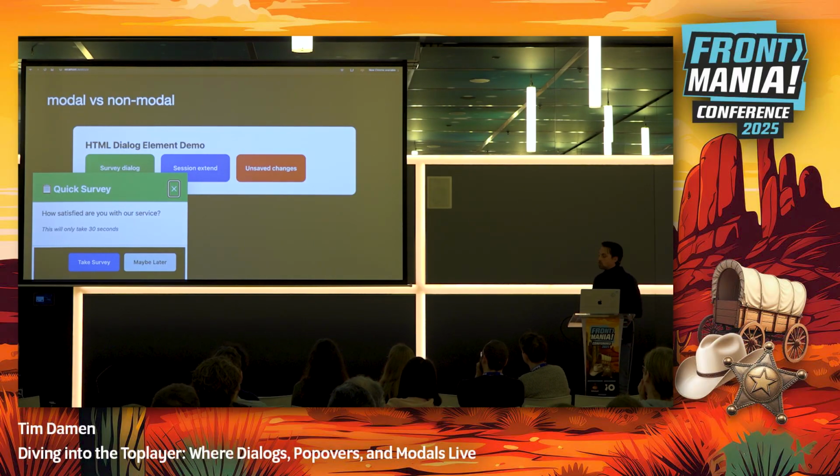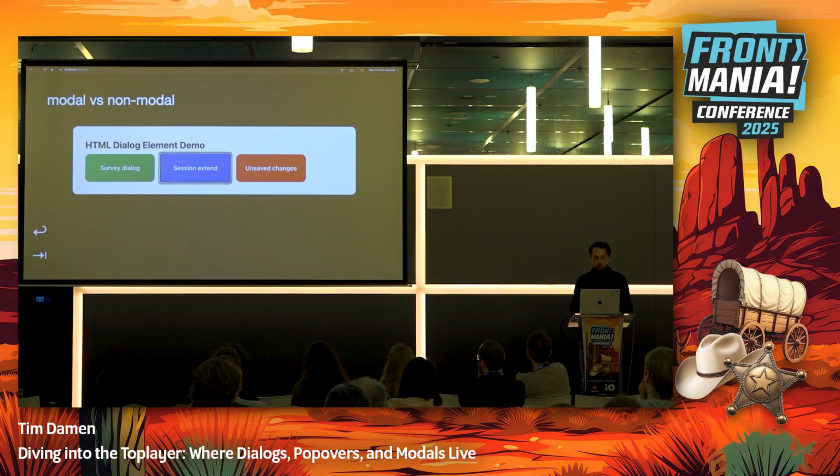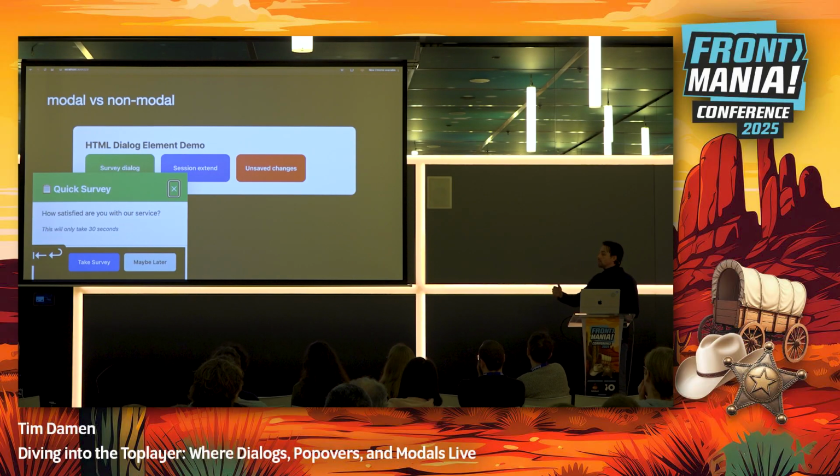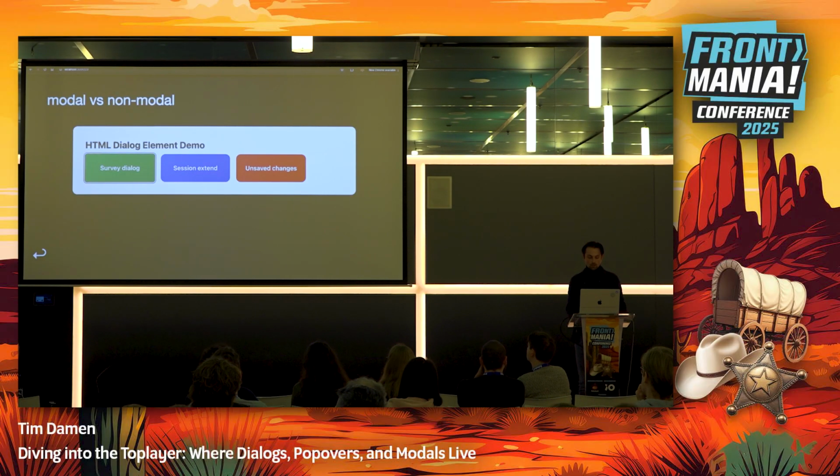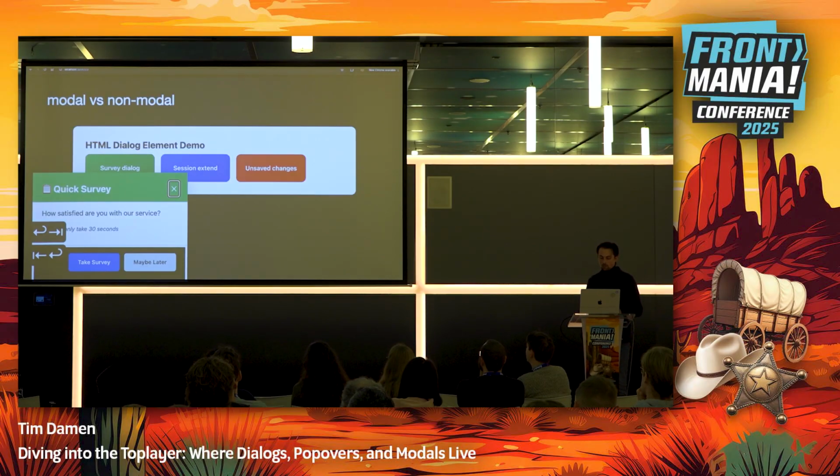That's a feature that you get for free when you use the dialog element as well. And this is good for accessibility, because then the button that opens this dialog transfers you to the new context that is added to the screen. It's automatically focused, and you can directly close it as well, because the first interactable element is the close button. And then you can go to the next in-line interactable elements, which are the buttons.